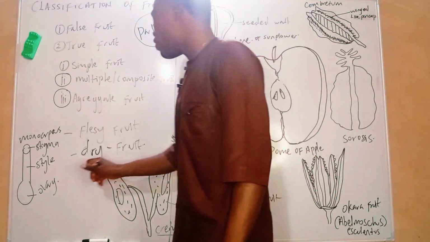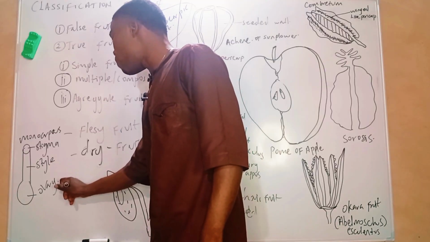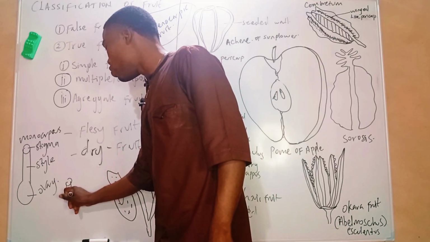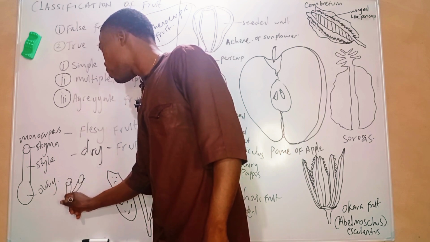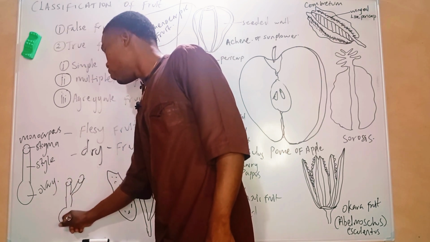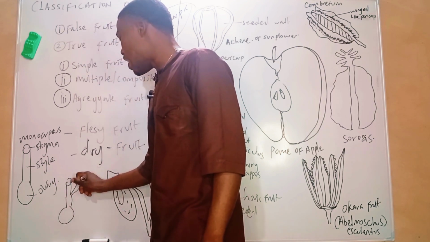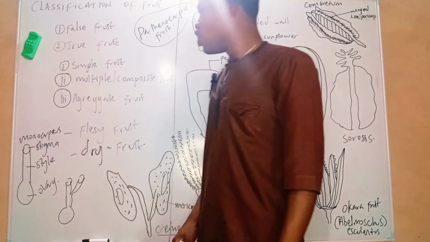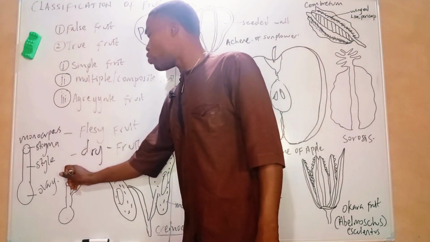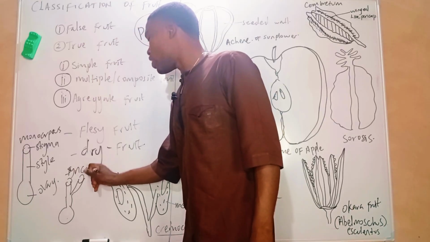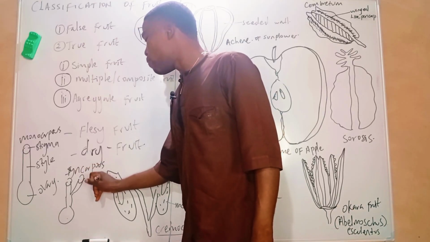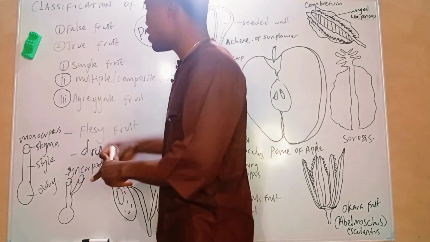When a pistil has two or more carpels, now please watch, these carpels are fused, or they unite to form a single ovary. We say that this pistil is syncarpous, because we're going to classify fruit on this basis.